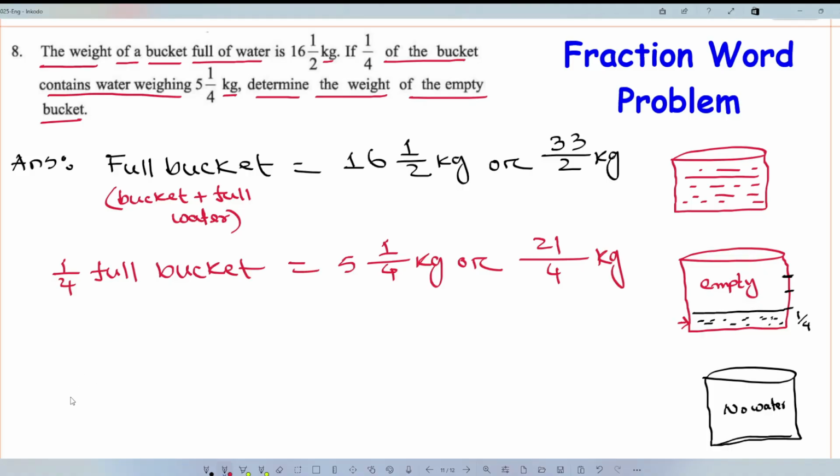Looking at full bucket of water equals 1 part.